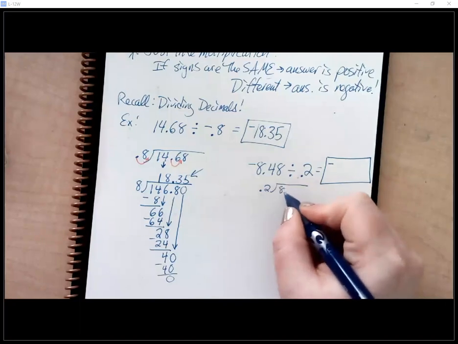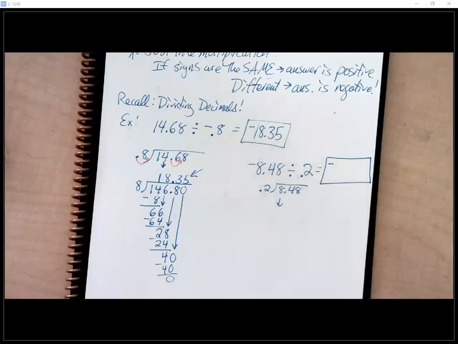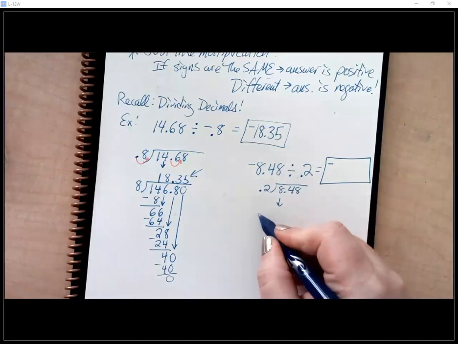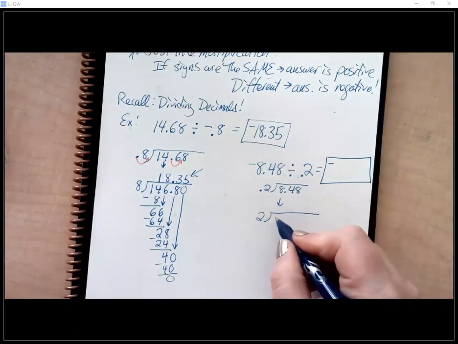But before you begin, remember you got to get rid of that decimal on the outside. So take care of that first. Double check that you rewrote it to be this.